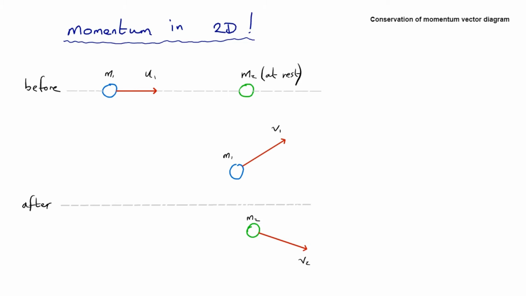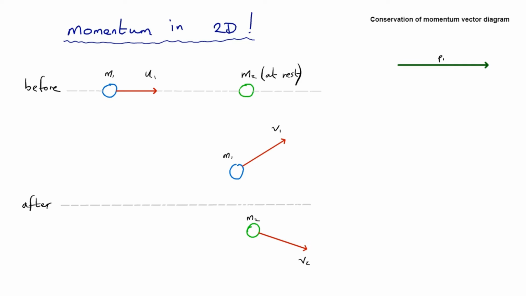I can draw the total momentum before as an arrow, something like this. I'm sure you'll agree with me, because if I call this m1 u1, this is the only thing that's moving before. I'm going to call it p1 instead of m1 u1.